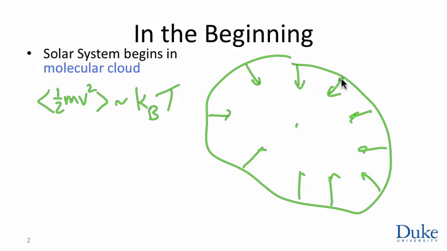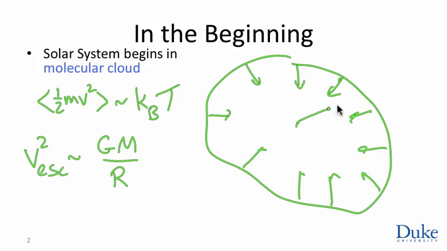If a molecule is moving with the escape velocity, then it's not really bound to the cloud, it can escape, and the escape velocity we computed is again on the order of Newton's constant times the mass of the cloud divided by your distance from the effective center. So r might be the radius of the cloud, would be a typical number to enter.